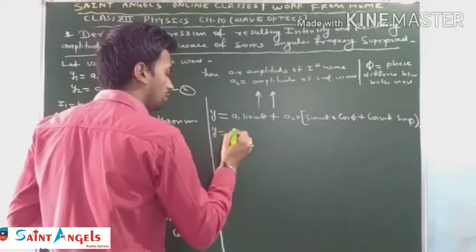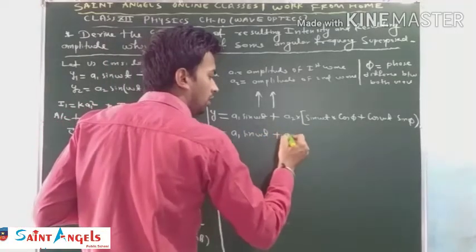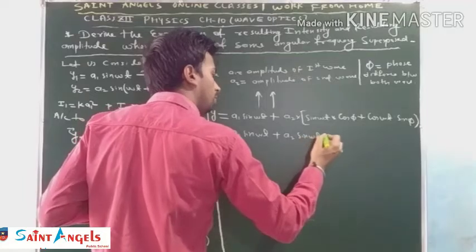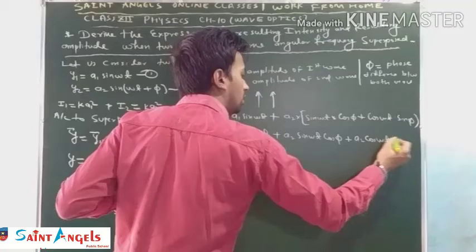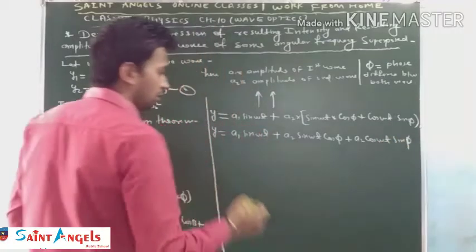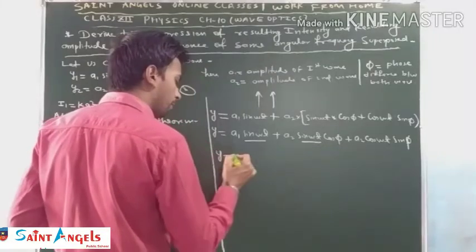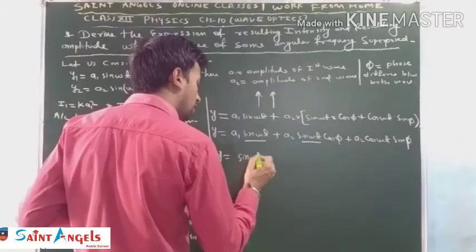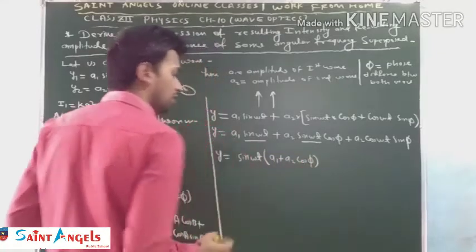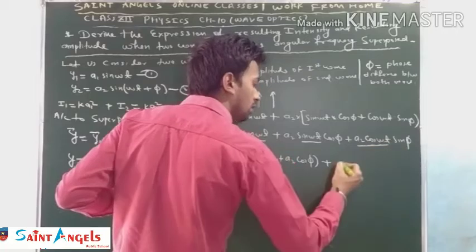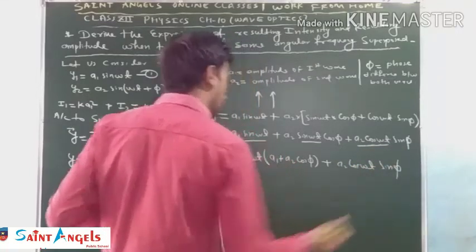Now solve this equation. y equal to a1 sin omega t plus a2 sin omega t cos phi plus a2 cos omega t sin phi. Student, sin omega t and sin omega t are common. So y equal to sin omega t into (a1 plus a2 cos phi) plus a2 cos omega t sin phi.